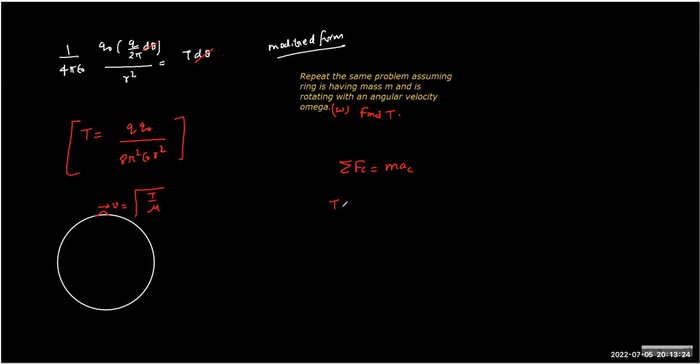But m is the elementary mass of that element taken, right? So this will be T d theta. I can write directly now. The net force towards center is always fixed. T d theta minus the repulsion is the net force towards center, equal to dm into omega square r. The mass will be only the elementary mass, correct?